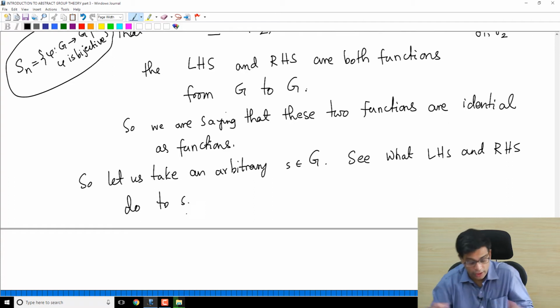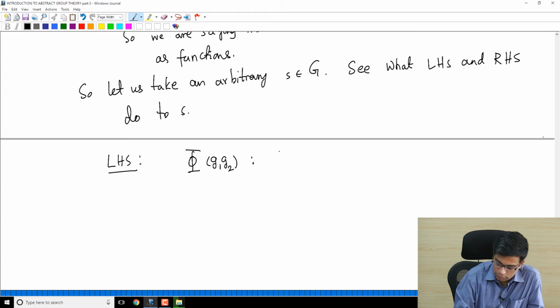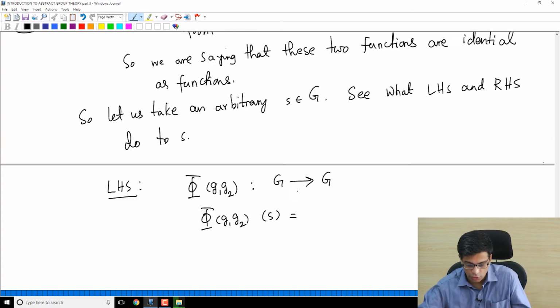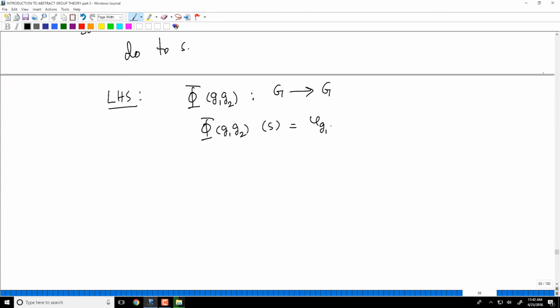Okay, so let's do LHS. LHS is phi of g1g2. That's a function from G to G, right? What does it do to s? Phi of g1g2, remember, is small phi g1g2, because capital phi as a function from G to Sn sends a small g to small phi g.